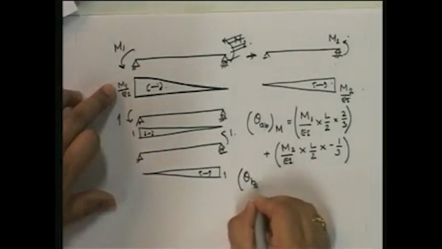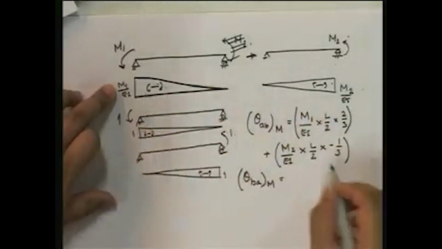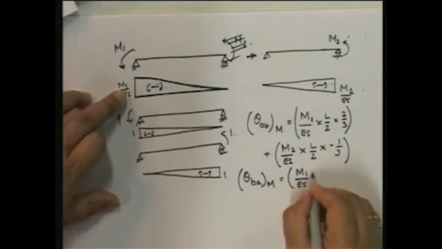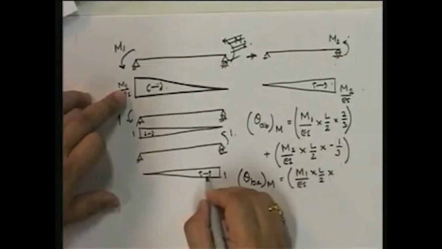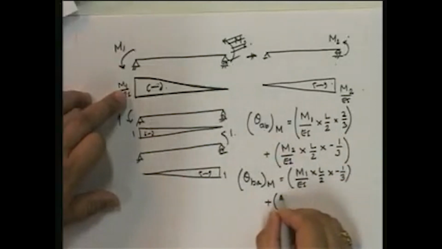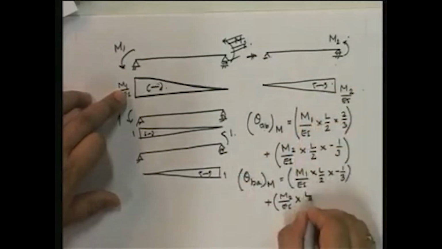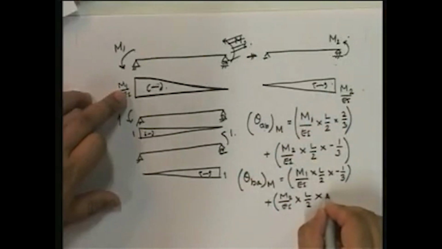Similarly, for theta BA, this is the virtual and these are the two reals. For this one, the area under this curve is M1 upon EI into L upon 2 multiplied by, at this point you will see, this is sagging, this is hogging, so it's minus 1/3, plus M2 upon EI, that is due to this loading, where this is the real curvature and the area under the curvature diagram is going to be this, and since these are both sagging, this is going to be plus 2/3.